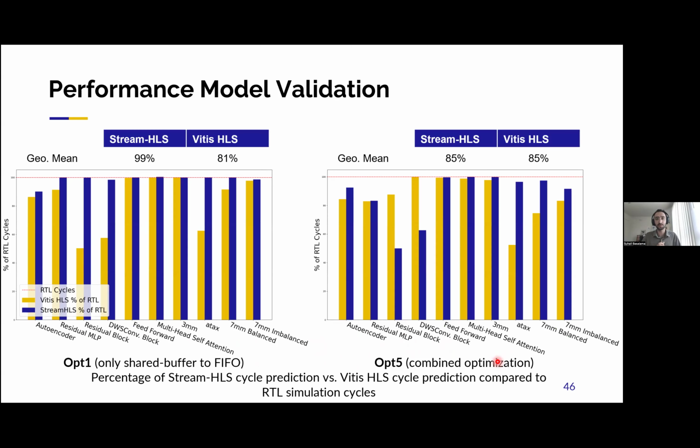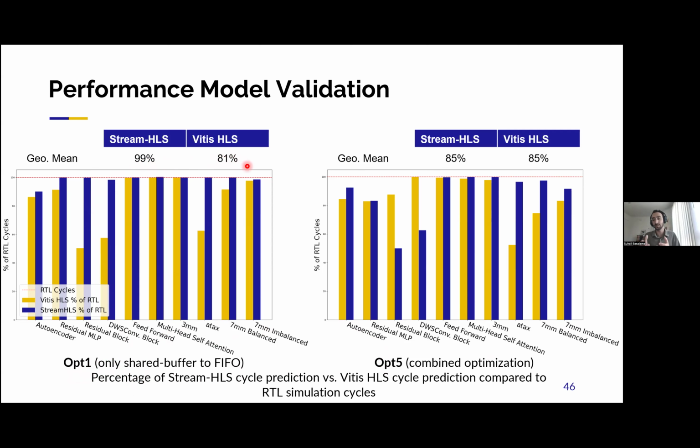First, we did the performance model validation. We tested with the opt1 designs and also opt5. Opt1 because it features various behaviors of the original programs, and we see that we achieve 99% of the actual performance, even better than Vitis HLS estimates.